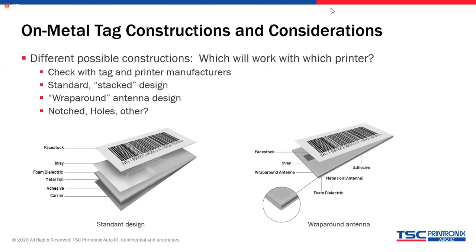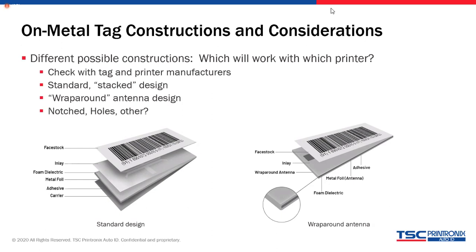In the bottom left, you can see a fairly standard design, which is just a bunch of stacked layers. And on the right, you see a similar design, but if you look at that little magnifying glass, you can see how the inlay, which is essentially also the antenna in this case, wraps around to the back and connects with the metal foil layer of the tag.